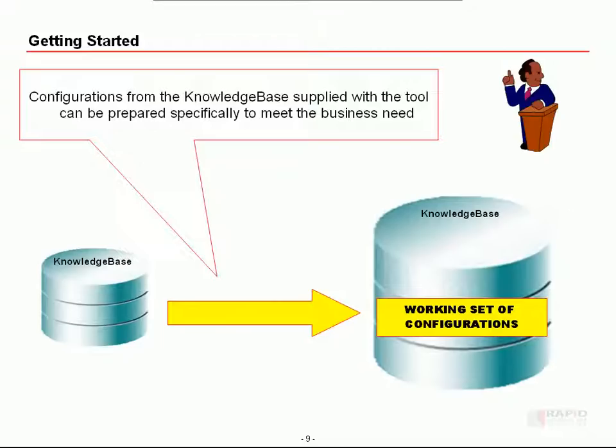If you're going to use the supplied configurations, then you'll see in the demonstrations how easy it is to advise the tool what it is you're trying to do, and it will extract the configurations for you and turn them into a working set. So whether you're going to do a new inventory org or a new operating unit, the tool will get the right configurations and prepare them as a working set, ready for you to change them to the names of your business and your company.